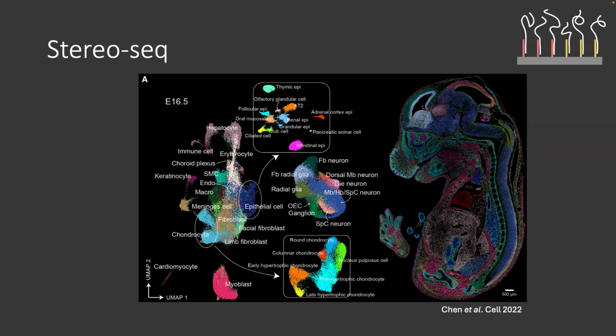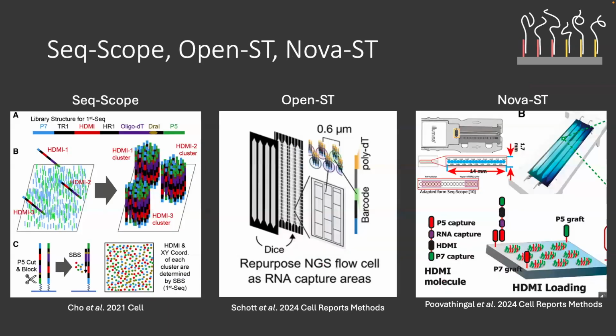And then in this category, there is also a group of methods that use the microarrays that are made by Illumina. So Illumina makes these sequencing chips, which are in essence a microarray with a lot of different spots where you can capture your RNA molecules that they use to sequence your sequencing library.